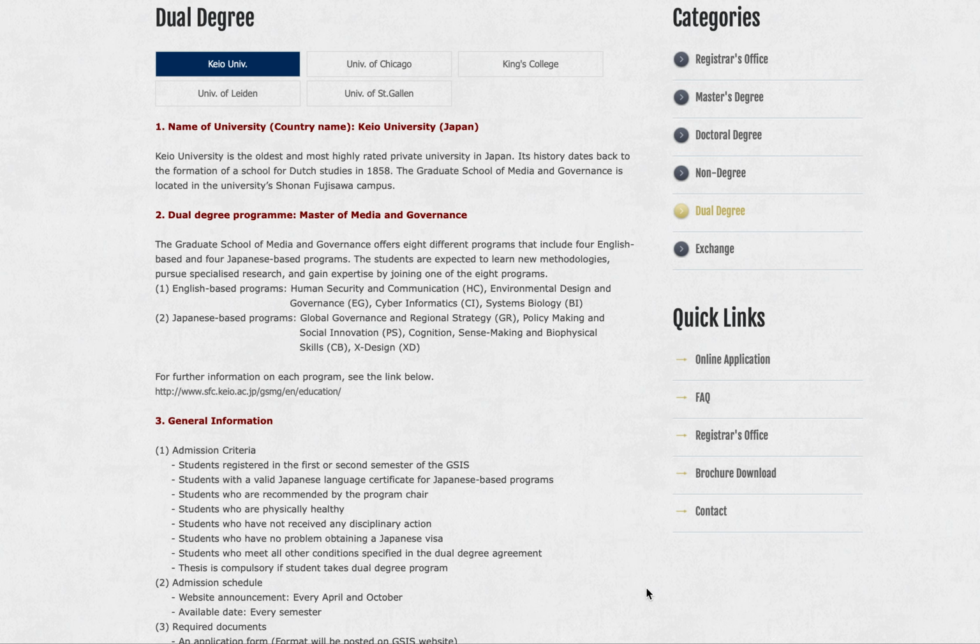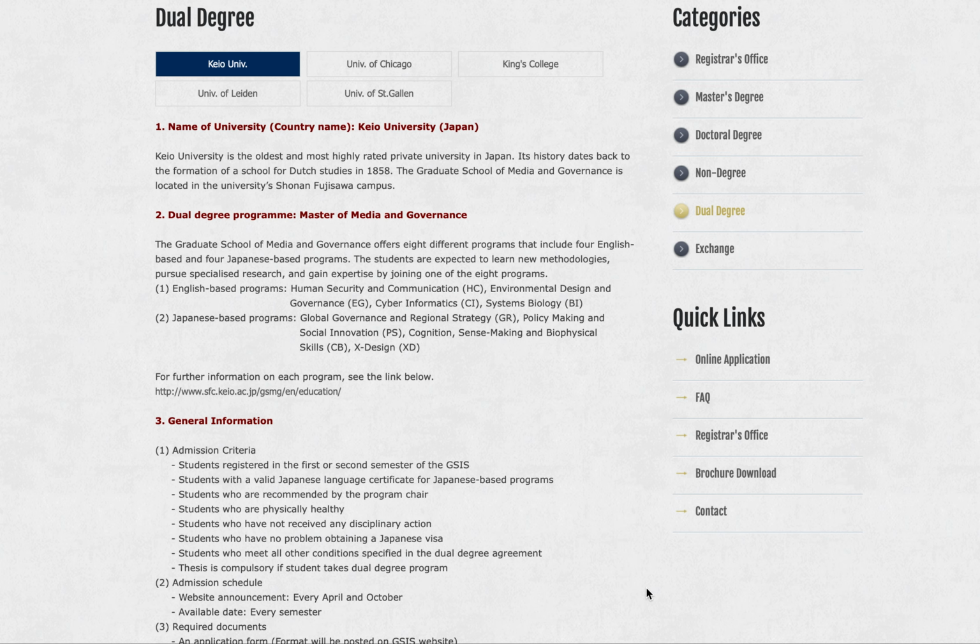To apply for this dual degree program, you have to be a student in Yonsei University's Graduate School of International Studies or Graduate School of Area Studies, or a student in Fudan University or Keio University.